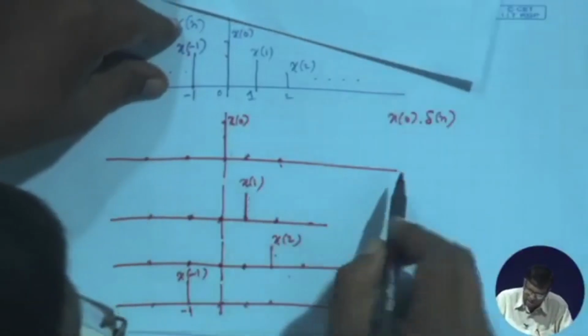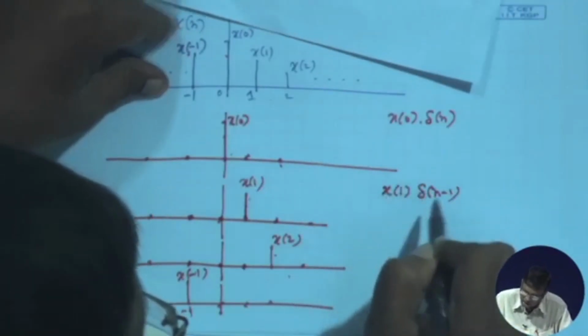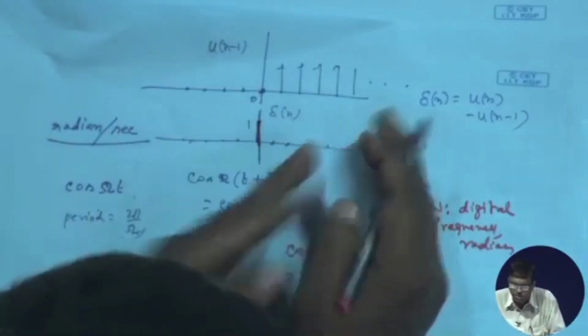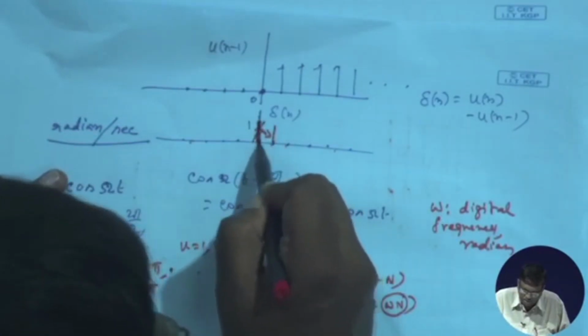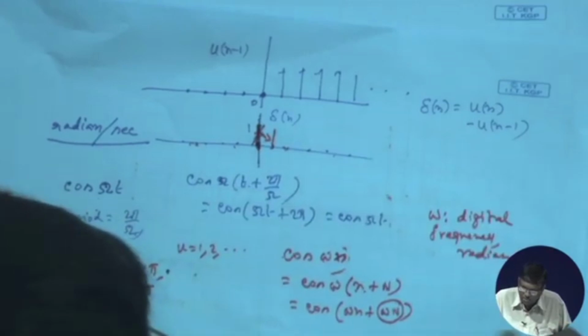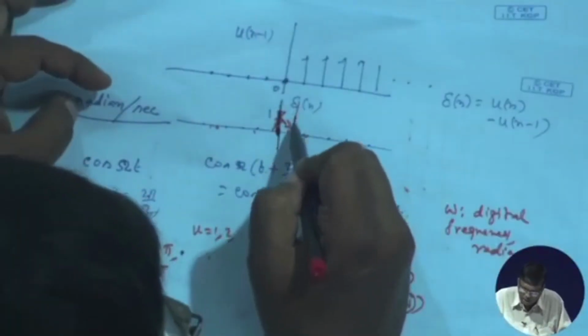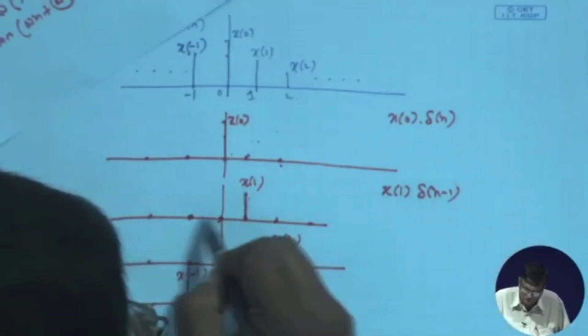Next, this will be x 1 into delta n minus 1. What is delta n minus 1? This sequence will be shifted to the right by 1. So, this 1 will move here and this will become 0. If you multiply this by x 1, this height will become x 1, all other zeros will remain 0.